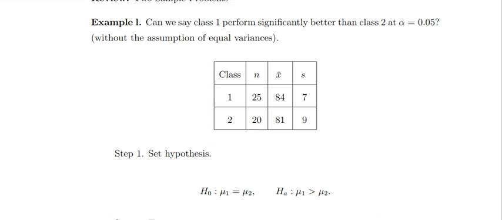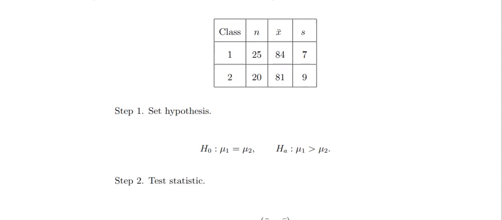HA has a difference, or more specifically, mu1 is larger than mu2, because here I wanted to prove class 1 performs better than class 2, right? So the first step is to set the hypothesis. The second step is to calculate a test statistic. Then determine whether this test statistic is big or small.